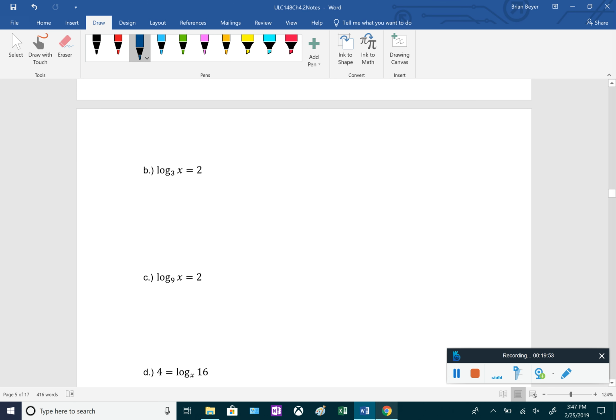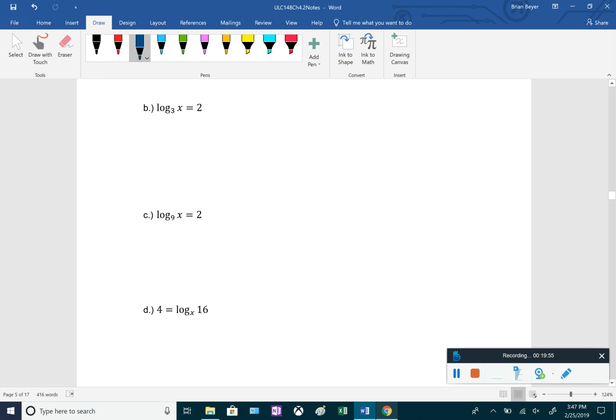Okay, next one we have log base 3 of x equals 2. So putting this into exponential form here, it's going to be 3 to the second equals x. So this is going to give us x equals 9.